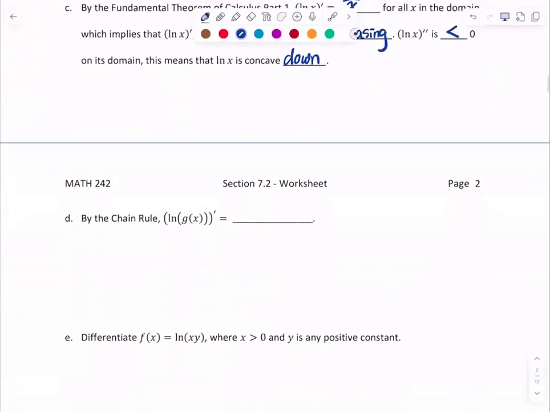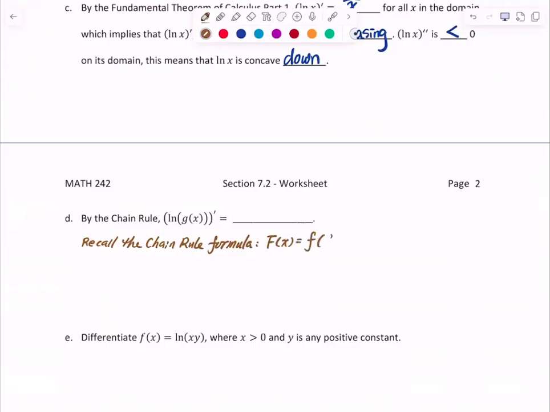Okay, now we try to derive the chain rule for differentiating that. Let's recall the chain rule formula. So let's use the notation that we used before.